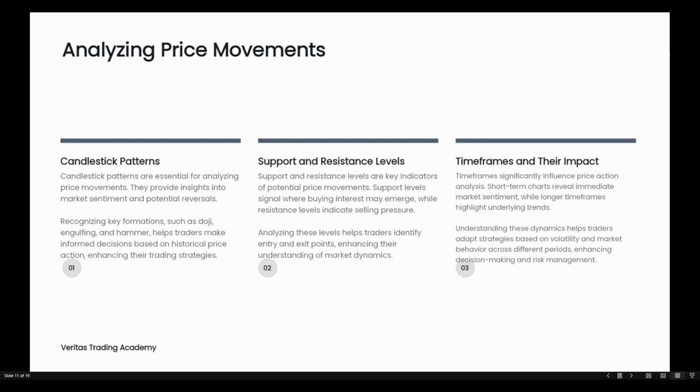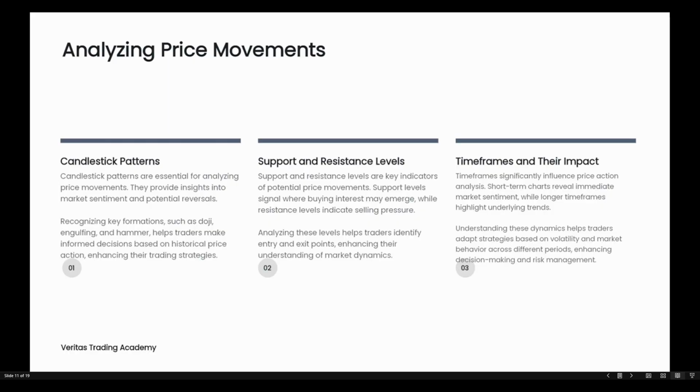Now, you can analyze price movement by looking at candlestick patterns, support and resistance levels, time frames, and their impact. What price action traders use, in most cases, are key formations such as a doji, engulfing, hammers, and many more.